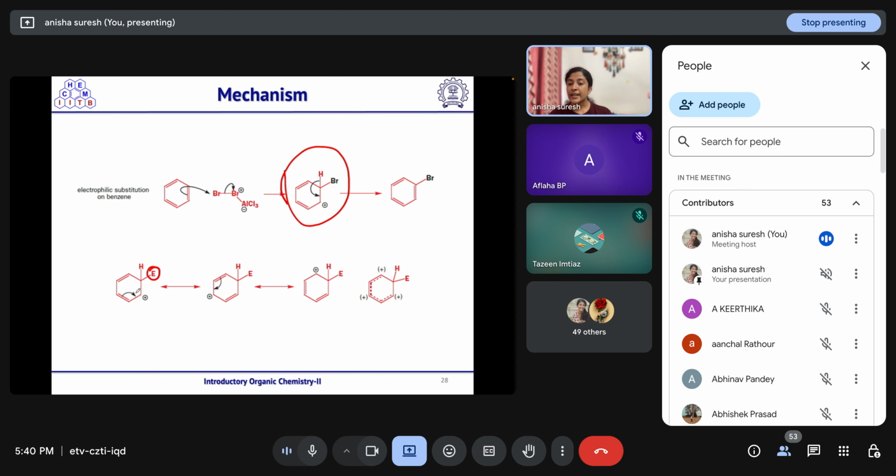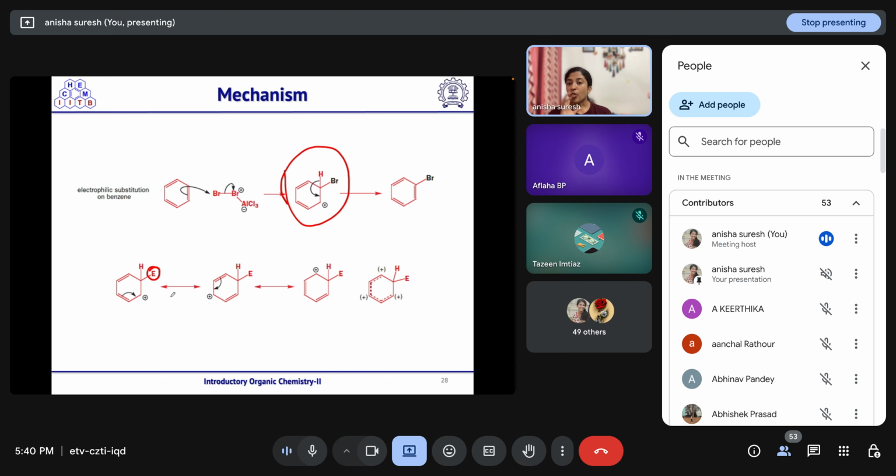Like this, the double bond can shift here, neutralizing the positive charge here, and a new positive charge will be generated here. And this double bond can shift here, and a new positive charge will be present here. So at these ortho and para positions, as you have seen in the previous example, positive charge will be prevalent in electrophilic aromatic substitution reaction.